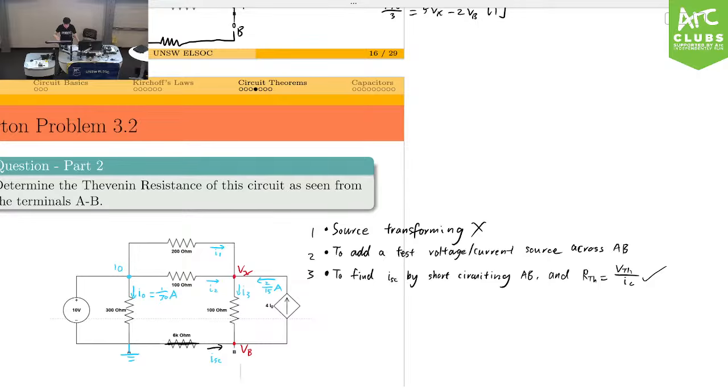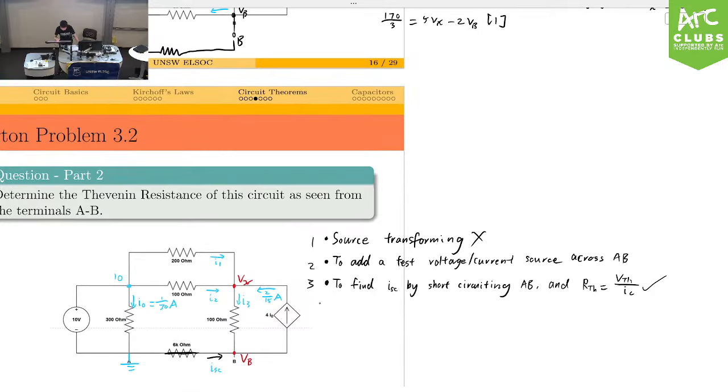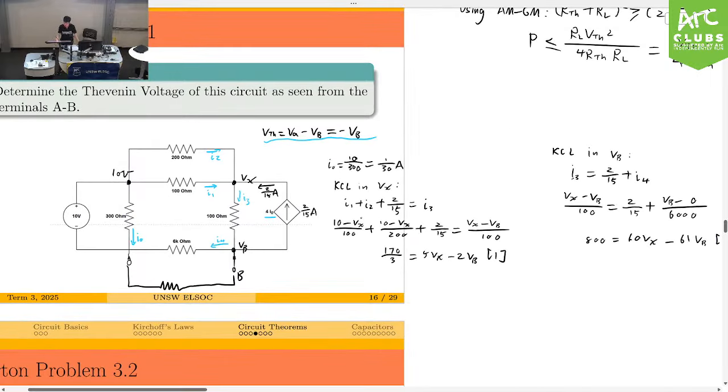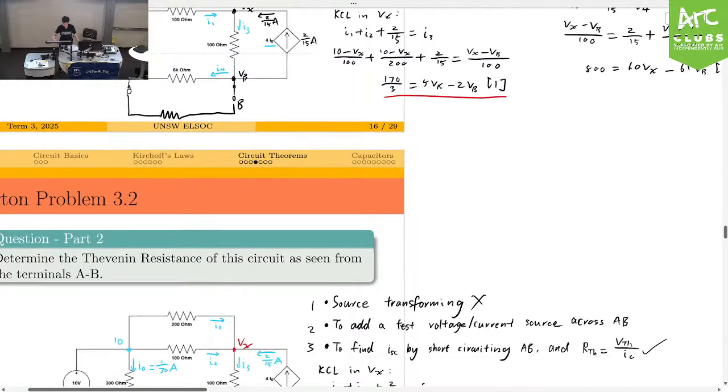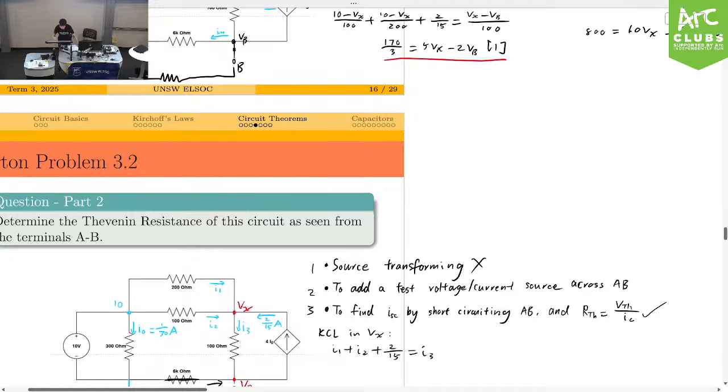Even better, KCL at Vx gives I1 plus I2 plus 215 equals I3, which is the same expression as before. So our final one still applies in this case. Let's just copy it here: 170 on 3 equals 5Vx minus 2Vb.